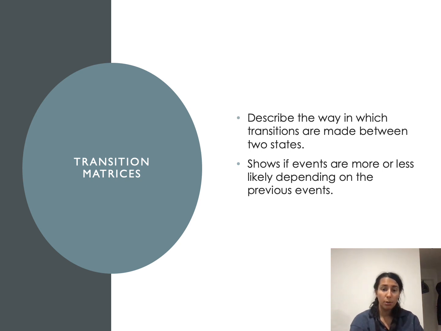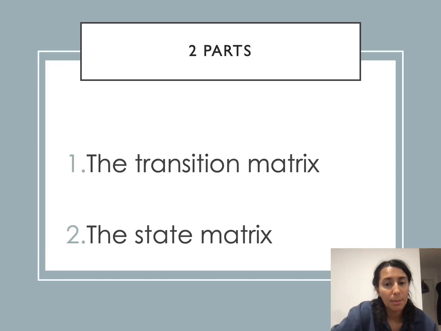We use matrix multiplication for this, so we will be multiplying two different matrices. We also use this to determine if there are any trends in the data, and then we can make predictions, hopefully. I find the best way to explain this is actually to do a couple of problems.